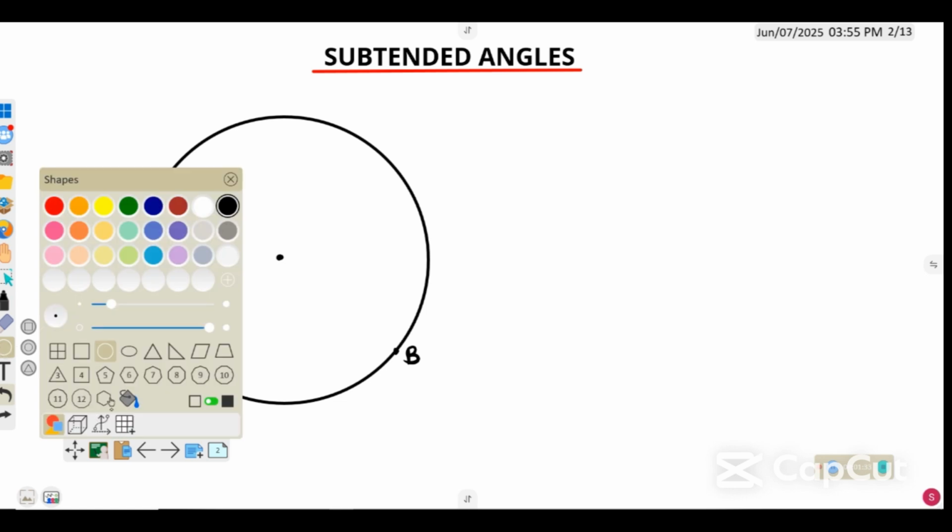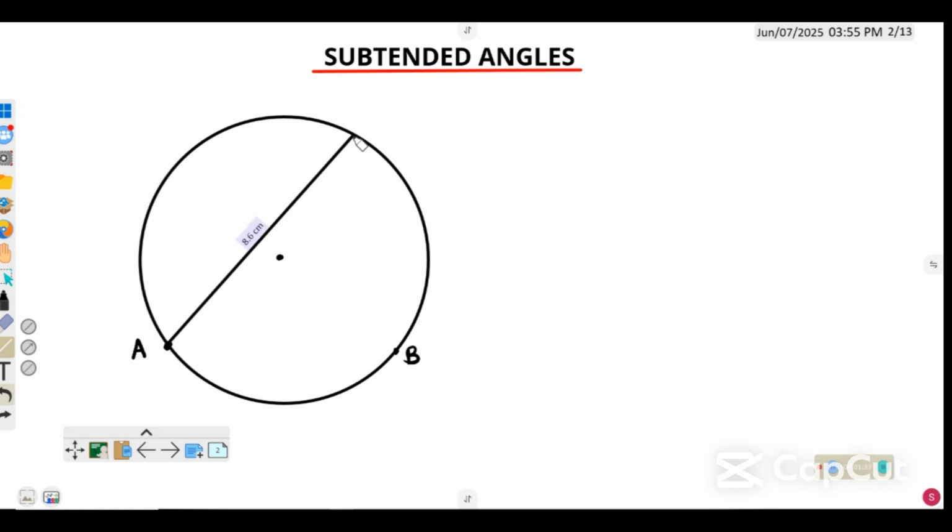Then we have a line that is drawn from A, goes to the circumference like that, and also another line that goes from A to B. And then let's have more lines, from A to B, going that side.